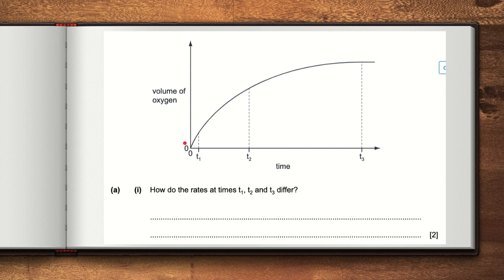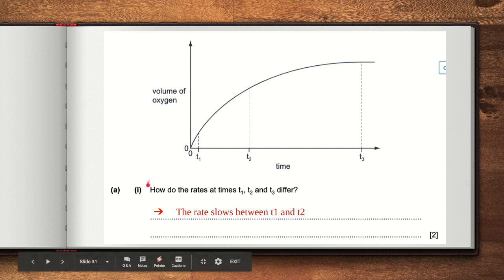Okay, so hopefully you've got your own answer. This is measuring volume of oxygen produced over time because it starts at 0. The first thing you have to do is compare T1 to T2. You can say the rate slows down between T1 and T2. The rate is slowing down. You know that because the gradient is getting less steep.